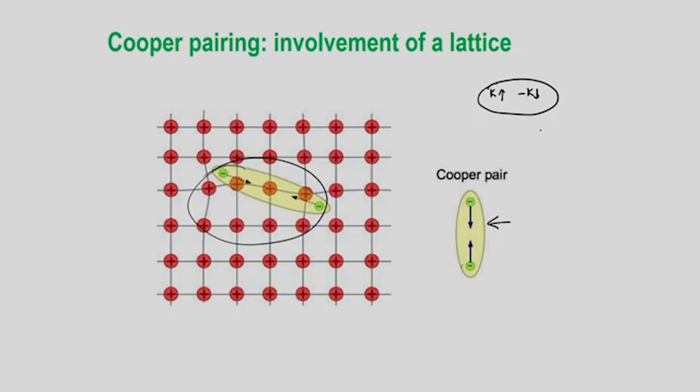And that is why one electron gets attracted towards the other electron, which is now engulfed by a positive charge. So, it sees it as a positive charge and gets attracted to it and forms a bound pair.